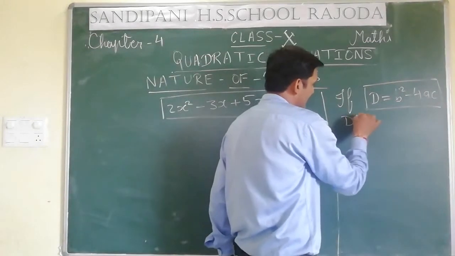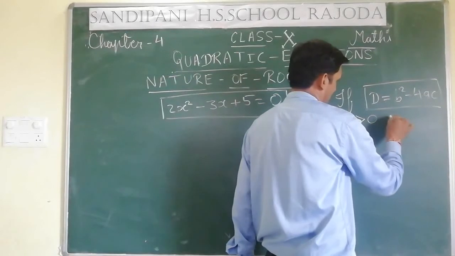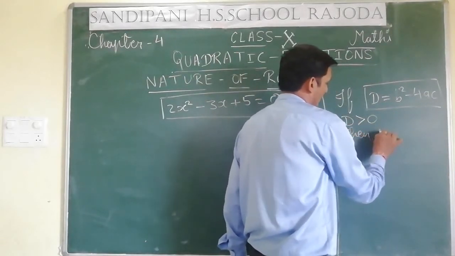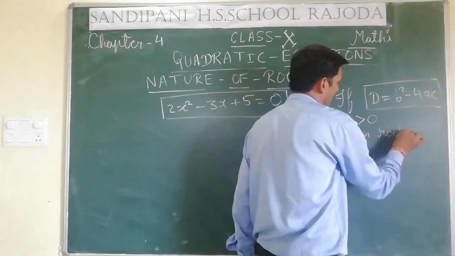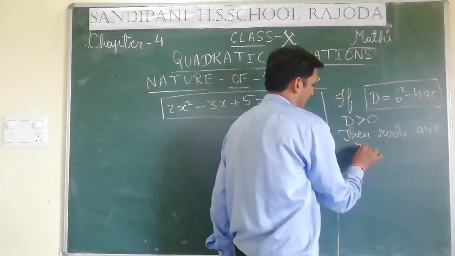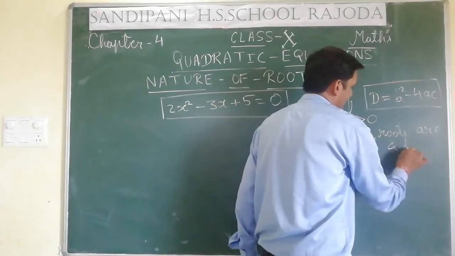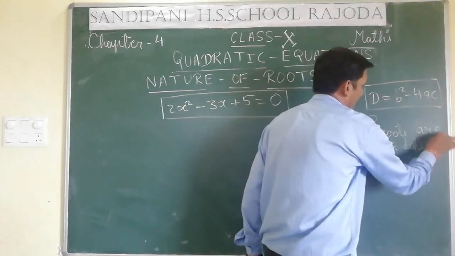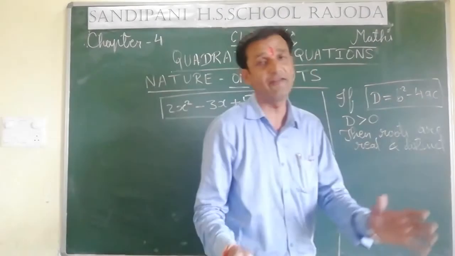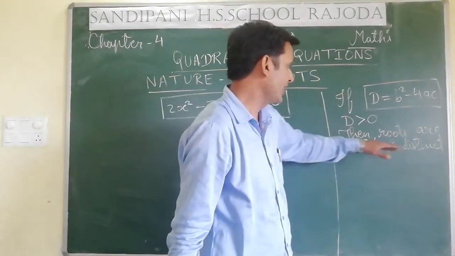If d is greater than 0, then roots are real and distinct. Let me explain in simple language. Distinct means different, having two different values, that is known as distinct. And roots are real and distinct.